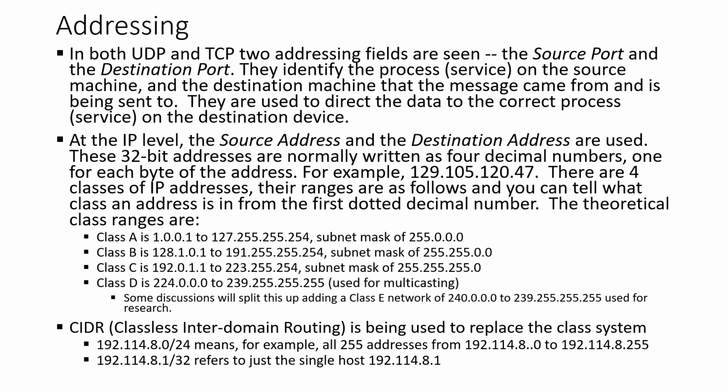One layer above this, we see a source and destination port, which specifies what application or service was the source and what application or service is the destination. The IP address is contained in a 32-bit location and is normally written as 4 decimal numbers such as 129.105.120.47.